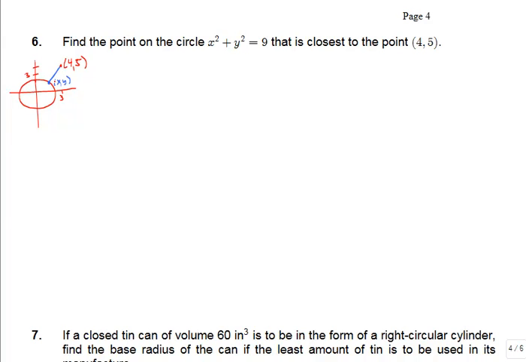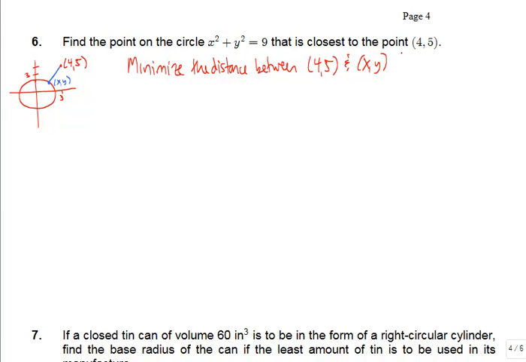In other words, we want them to be minimized. So we're trying to minimize the distance between our 2 points. And our 2 points are 4, 5 and this x, y.